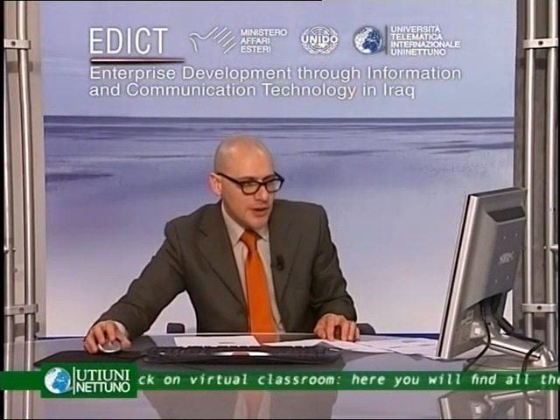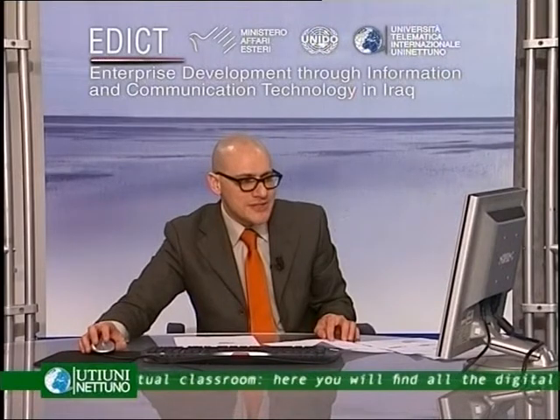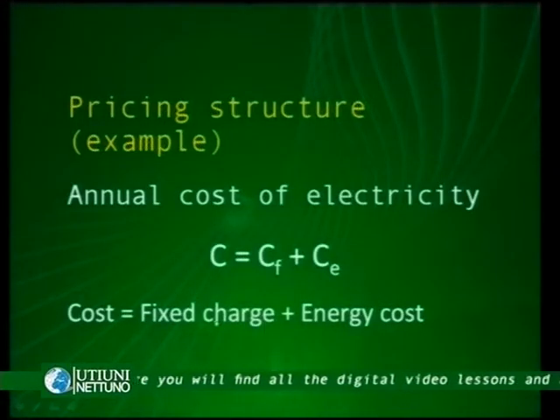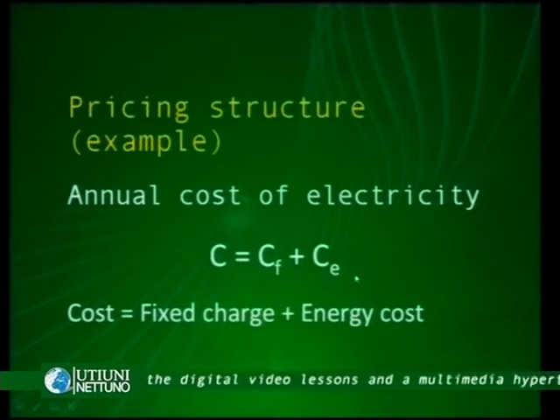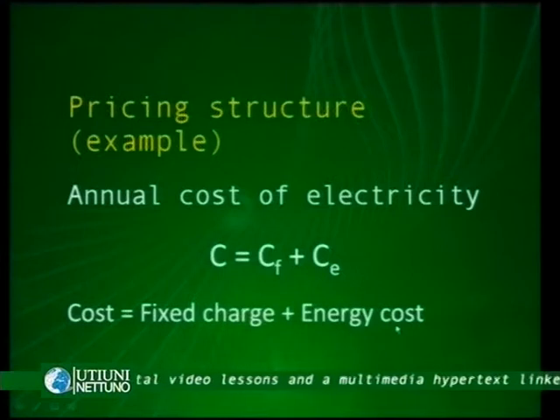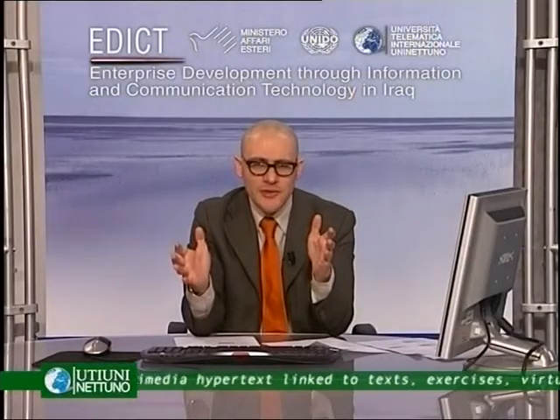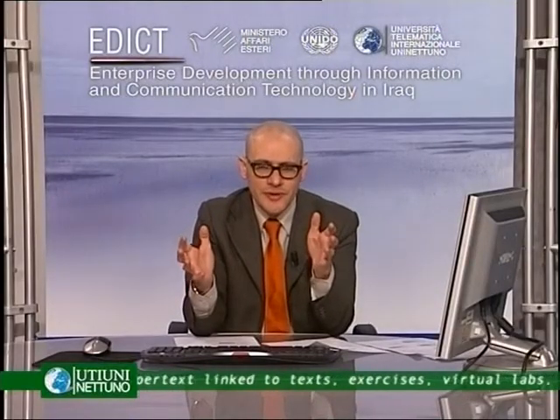So the cost of the electricity per year could be considered as the sum of CF, fixed charge, plus CE, energy cost. So to begin with, if we consider the annual cost of electricity, we might have two elements.